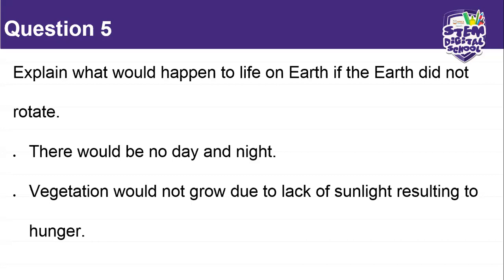From Hamkhalang, there would not be day or night or seasons. That's very good. Half the earth will be cold and will burn. Natalie, okay. Others?